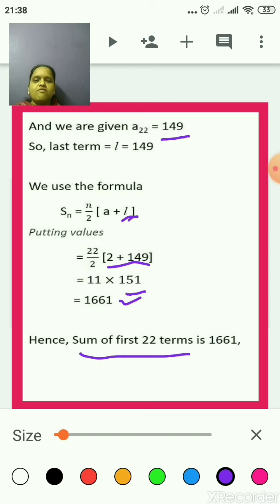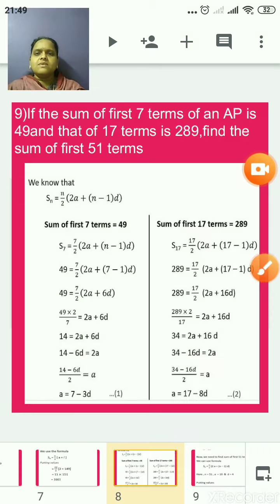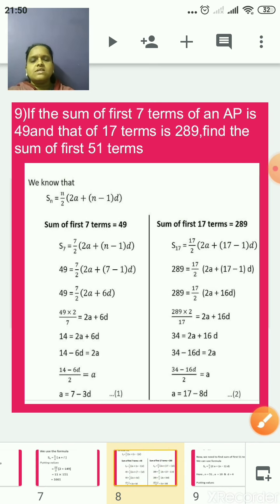So we are getting the final answer here: the sum of the first 22 terms is 1661.